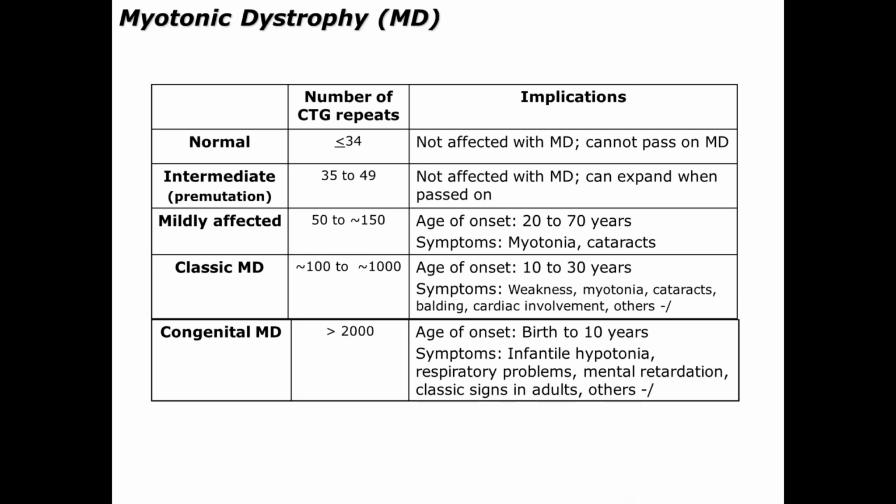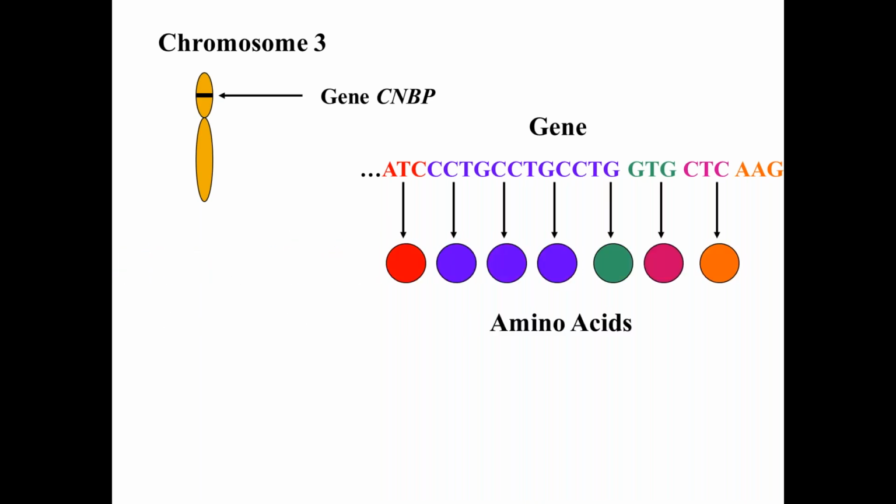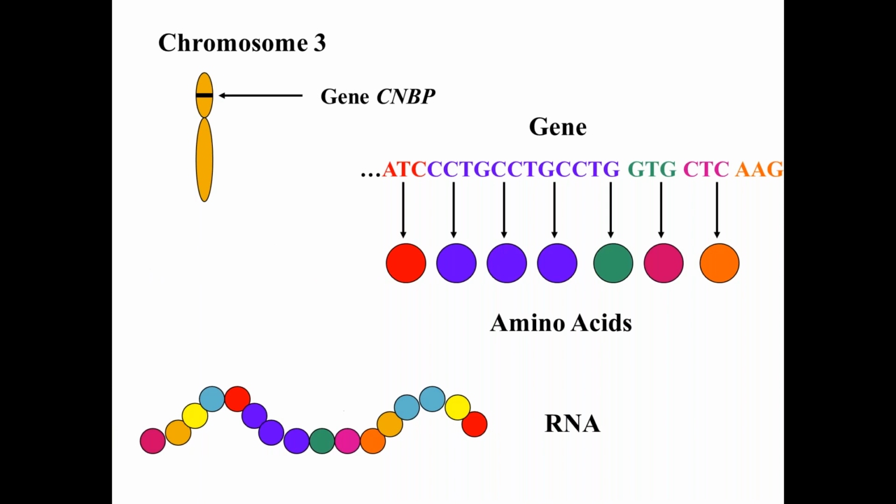So before I move on to all the different types of genetic testing, I want to briefly talk about the genetics of myotonic dystrophy type 2. Myotonic dystrophy type 2 is caused by a genetic change in the CNBP gene, and it is also a repeat disorder. But this time it's not a triplet repeat, it's a quadruple repeat.